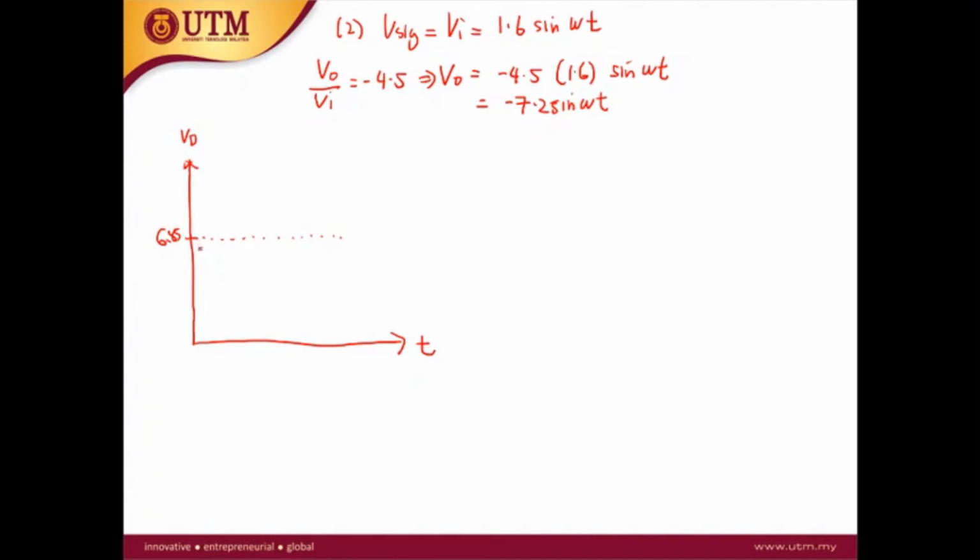After we apply the AC signal at the input, the voltage at the drain will oscillate up and down. So the maximum value is 6.85 plus 7.2, which is equal to 14.05.